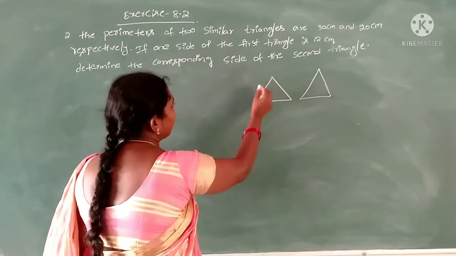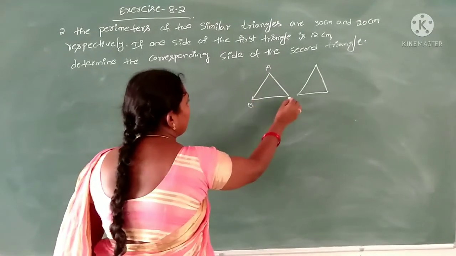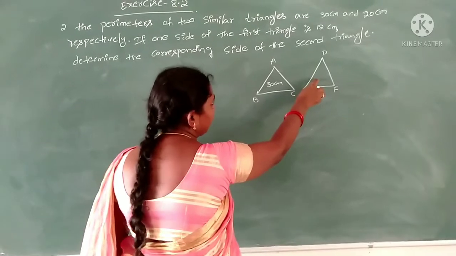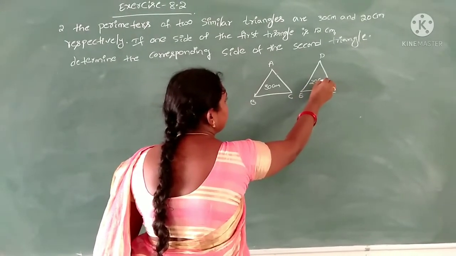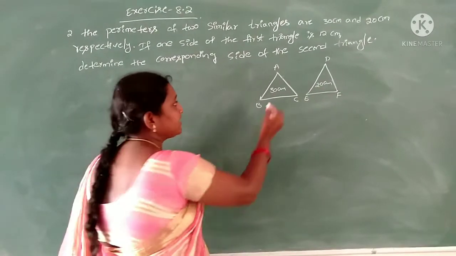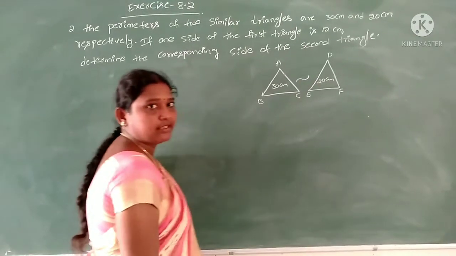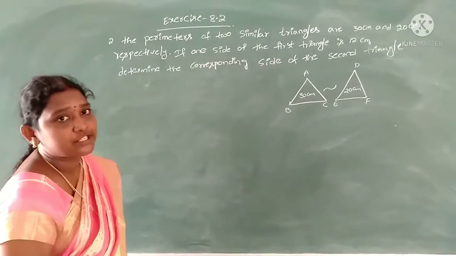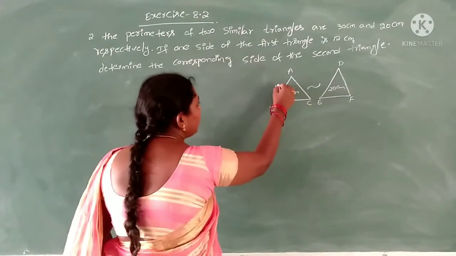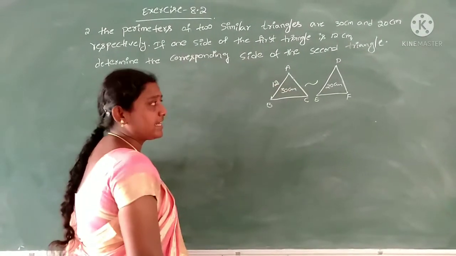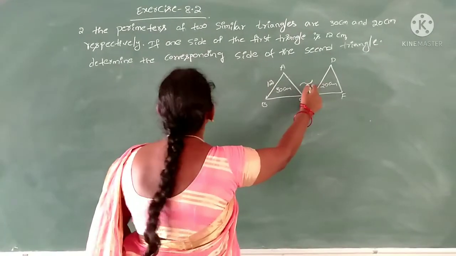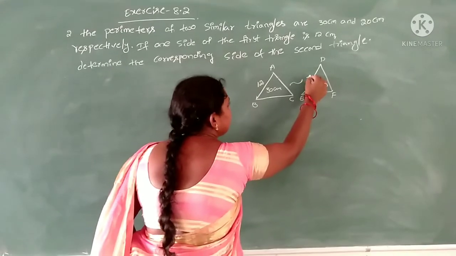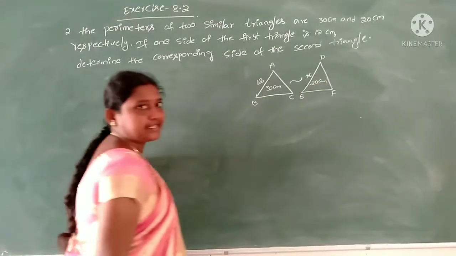First triangle ABC has perimeter 30 centimeters and the second triangle has perimeter 20 centimeters. So the two triangles are similar. One side of the first triangle is 12 centimeters. Let the corresponding side of the second triangle be x.